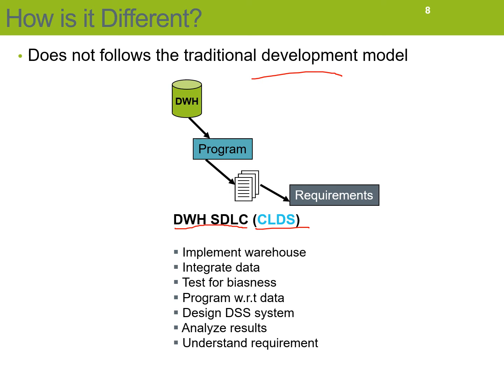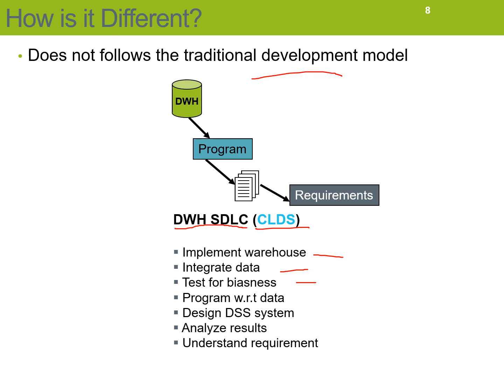In this, the first step is that you implement the warehouse by integrating data from multiple heterogeneous sources. Then you test the data for bias. Bias means that there should not be only one type of information.